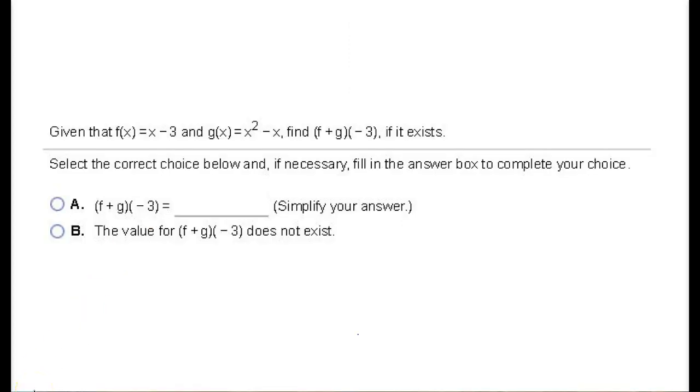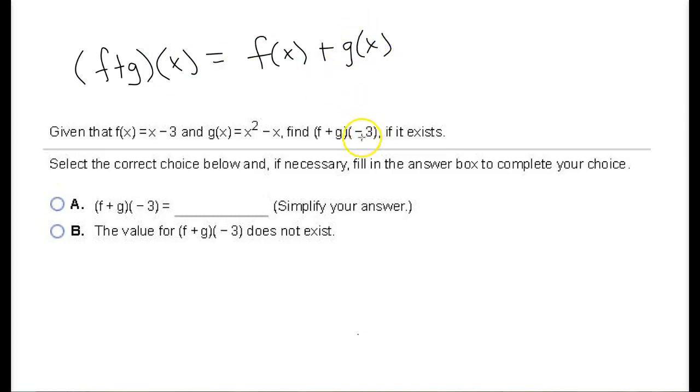All right, so I wanted to circle back and do a couple more of these evaluation problems just so that you can see some different results other than just an actual answer. So for this one, of course, we know that f plus g of x is just f of x plus g of x, and we want to evaluate that at -3.